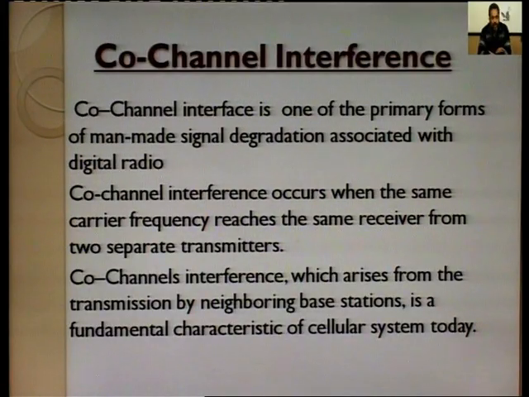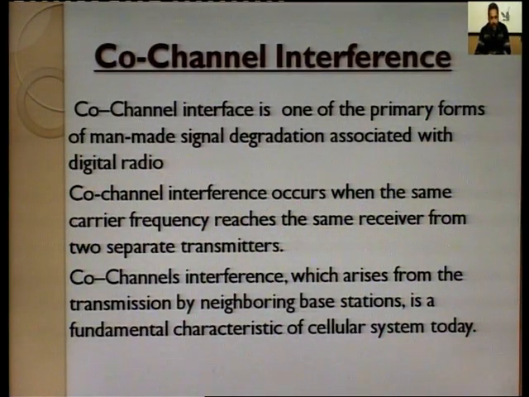Co-channel interference occurs when the same carrier frequency reaches the same receiver from two separate transmitters. This interference is called co-channel because it is from the co-side channels.